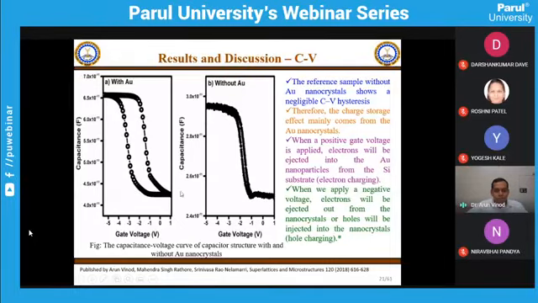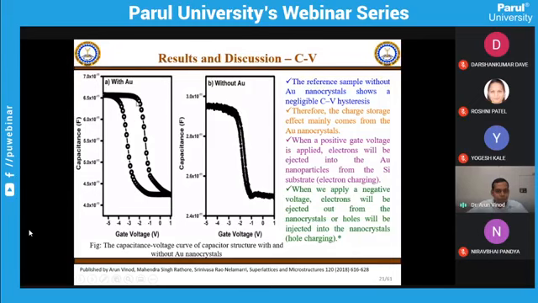That is, when a positive gate voltage is applied, the electrons from the silicon substrate are injected into the nanoparticles. Since electrons are injected, we can say that electron charging happens here. When we apply a reverse voltage, the reverse happens: the electrons leave the nanoparticles, or we can say the holes jump to the gold nanocrystals.